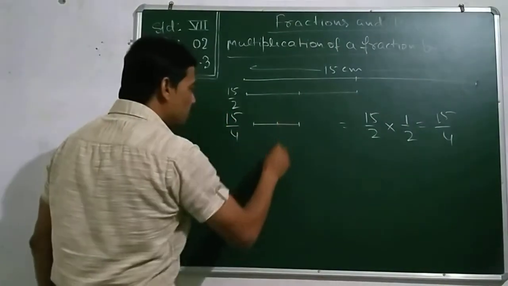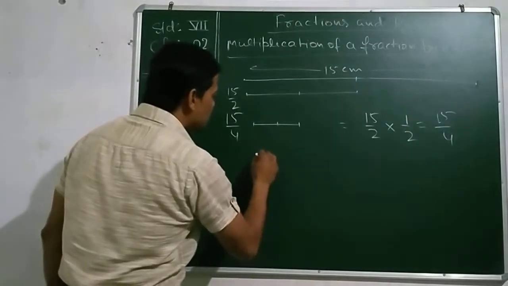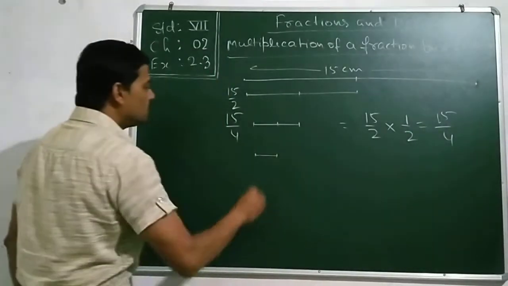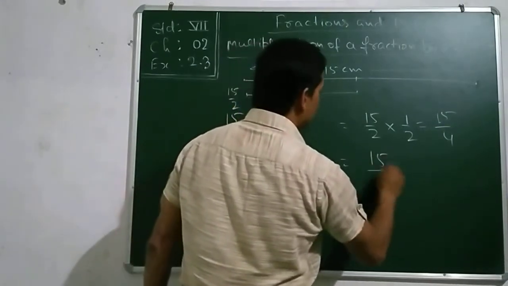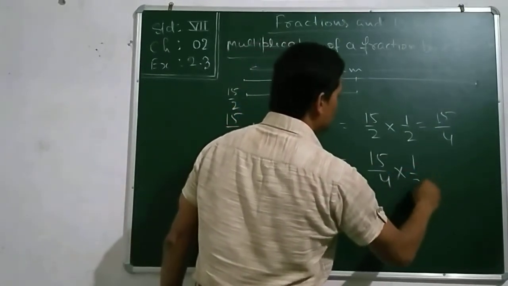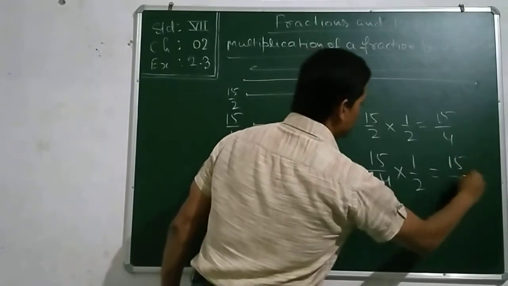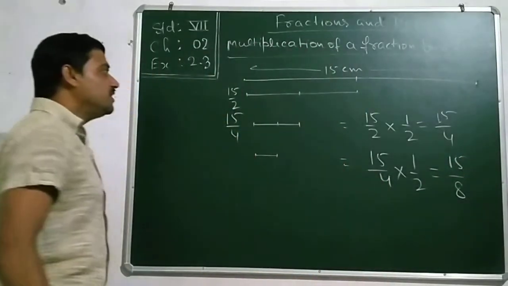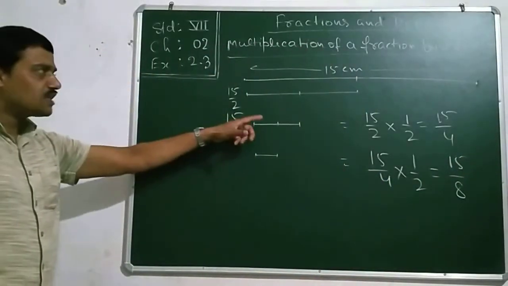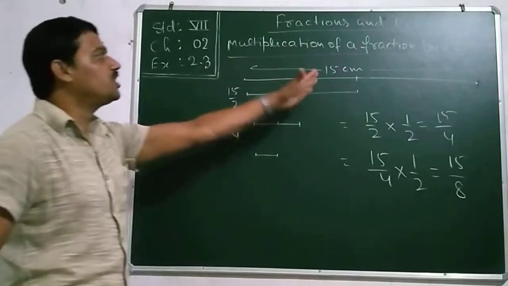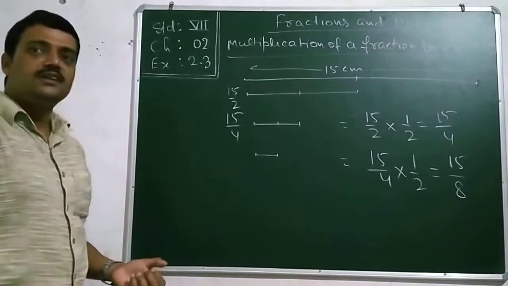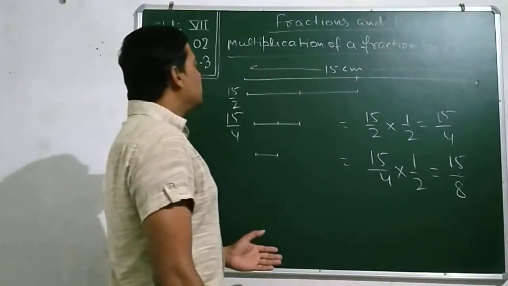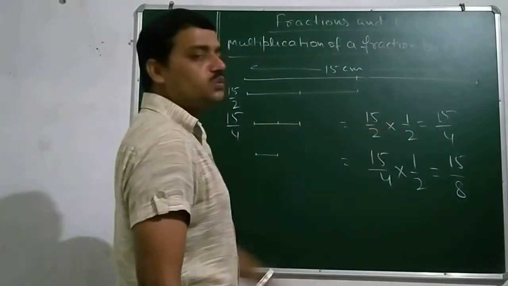Once again if you divide it, the length will come to this, and of course the value will be 15 by 4 once again into 1 by 2, equal to 15 by 8. So I have explained how the stick was divided into parts and the length decreased on dividing by 2.